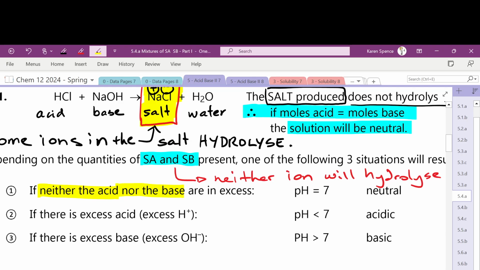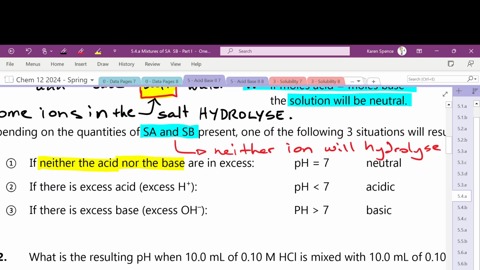You would have salt plus water plus leftover acid. So the solution would be acidic and the pH would be less than 7. If you have excess base, you would have the salt and the water and you would have leftover base. So the solution will be basic and the pH will be greater than 7.